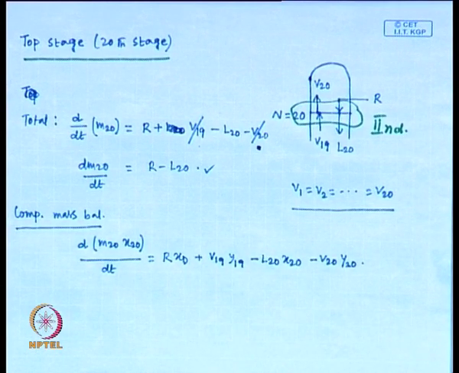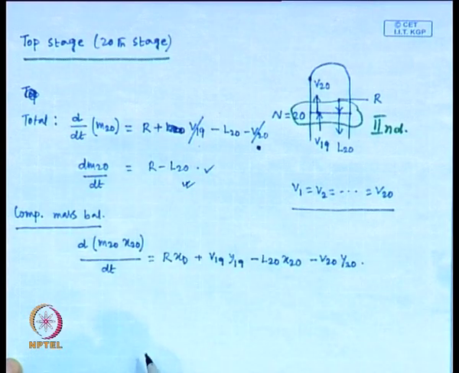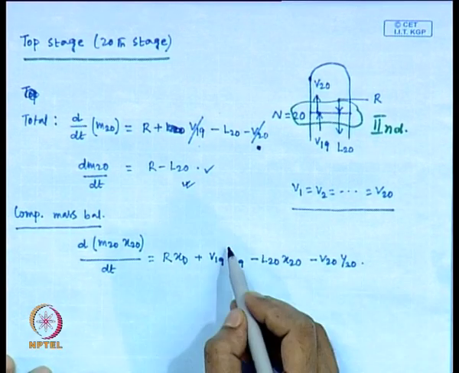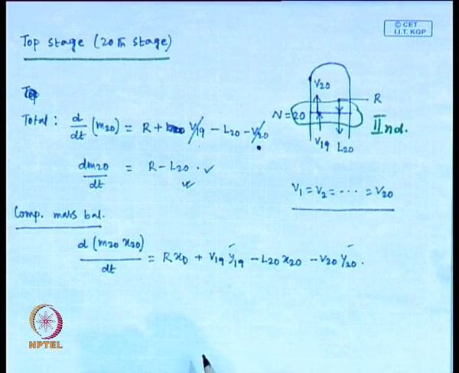Why did we not cancel these terms as in the final form of the total balance? I mean, why have we included V19 and V20 terms again in the component mass balance equation? Because x is varying from tray to tray and y is basically the equilibrium composition of x. So, y varies from tray to tray. That is why we cannot neglect these two terms from this component mass balance equation.